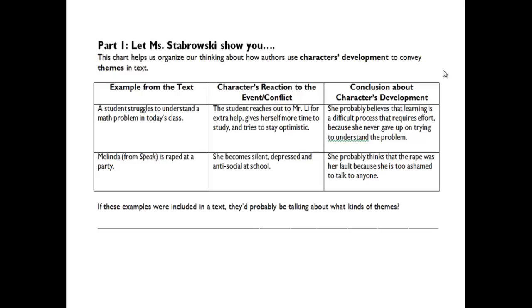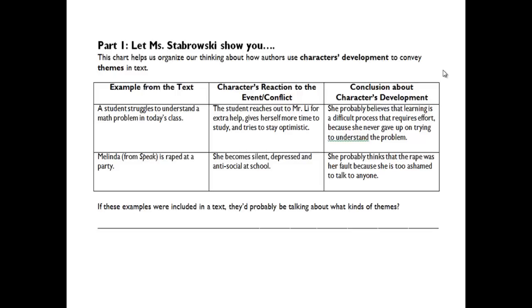A pretend example from the text would be, a student struggles to understand a math problem in today's class. Okay, not that big of a deal. The character's reaction to the event or conflict: the student reaches out to Mr. Lee for extra help, gives herself more time to study, and tries to stay optimistic. So that's her reaction to having a struggle with a math problem today.